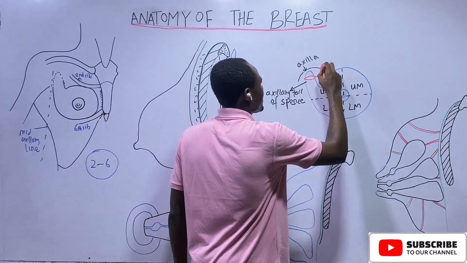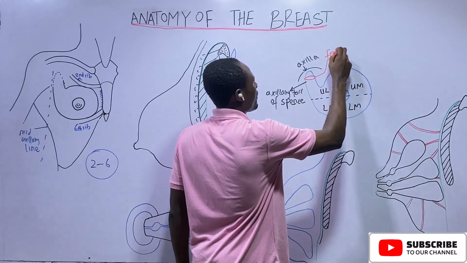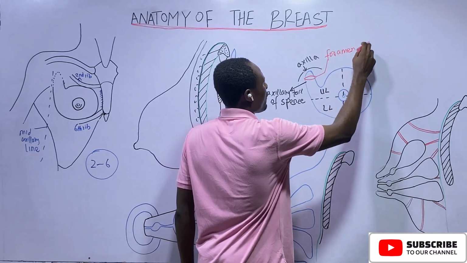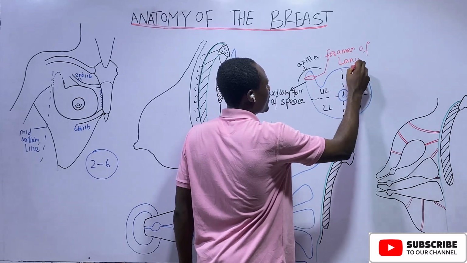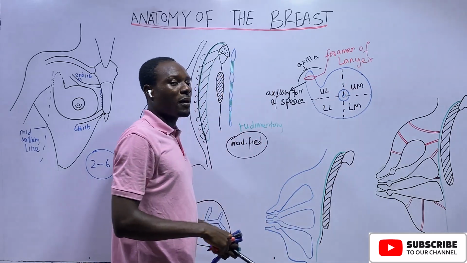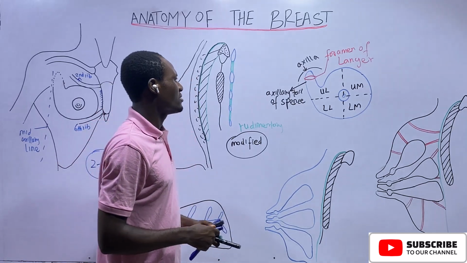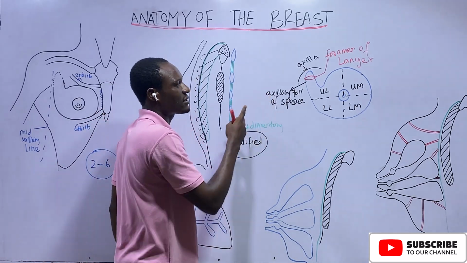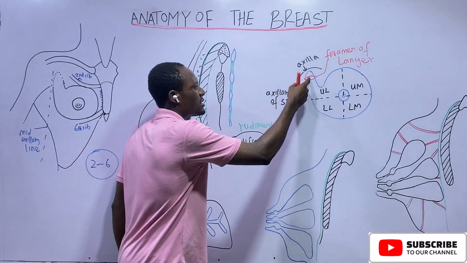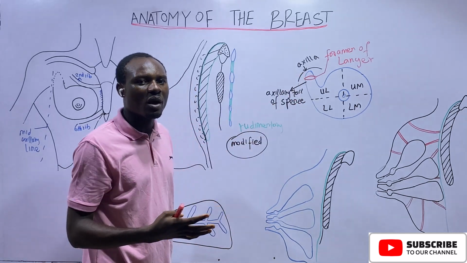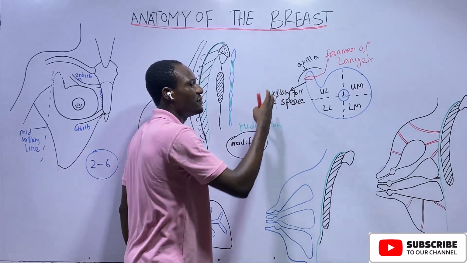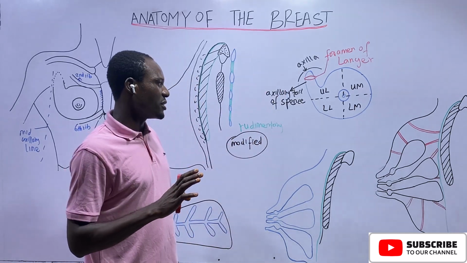So this opening right here is the foramen of Lange. So the upper lateral quadrant of the breast continues superolaterally as the axillary tail of Spence, pierces the deep fascia, passes through the foramen of Lange, and gets into the axilla.